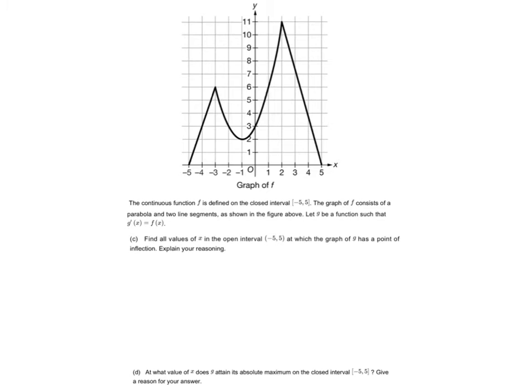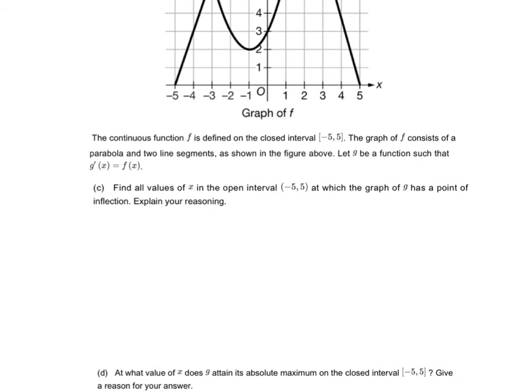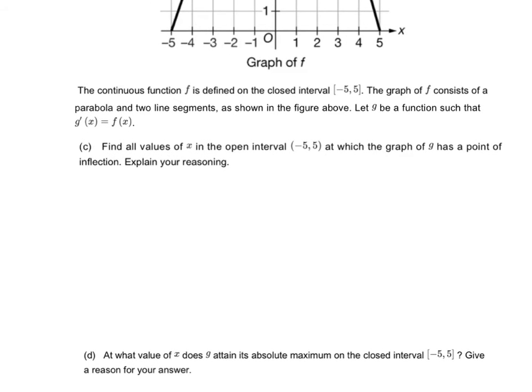For part C, it says find all values x on the whole interval from -5 to 5 at which the graph of g has a point of inflection. Always try to be good about working backwards. If you want a point of inflection, you need the second derivative.